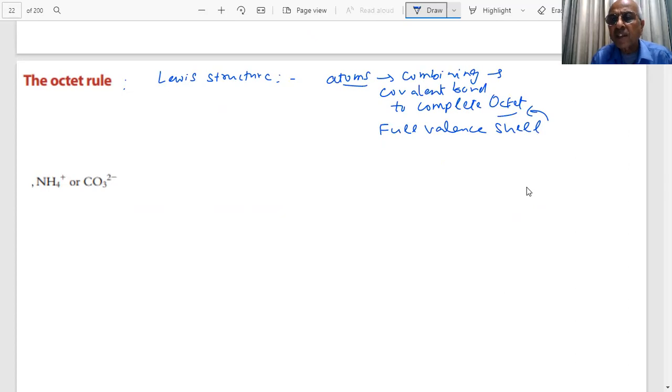Except what? Hydrogen can have only 2. If I consider hydrogen, student, hydrogen has only 1s. So 1s can have a maximum of 2 electrons only. For hydrogen, 1s2, then it is completely filled. In the first shell, only 2 electrons are possible. Only one orbital is there, 1s.